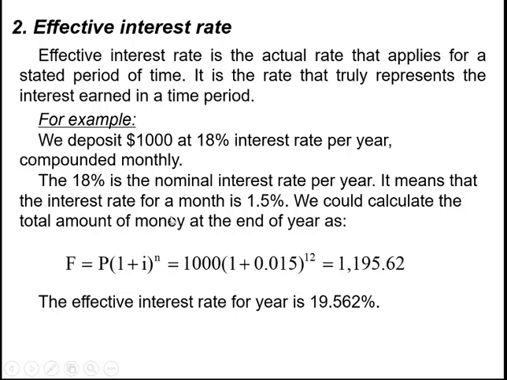Okay, because we deposit 1,000 at the beginning of the year, after 1 year the value is 1,000 times (1 plus 0.015) to the power 12. We have the value at the end of the year is 1,195.62.